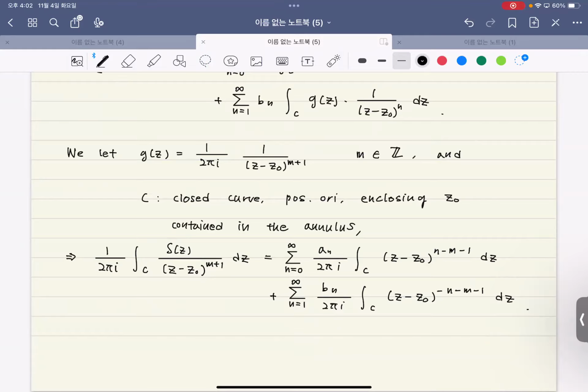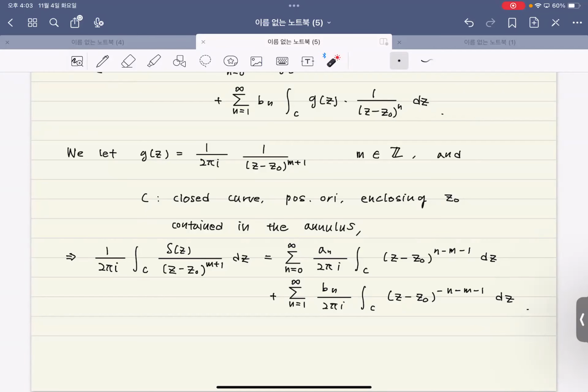Okay. All right. Now I have to consider some different cases. First, you should remember that if C is any positively oriented closed curve enclosing this center, then the integral of (z minus z0) to the m, dz equals 2 pi i only if m is minus 1, and otherwise equals 0, right?